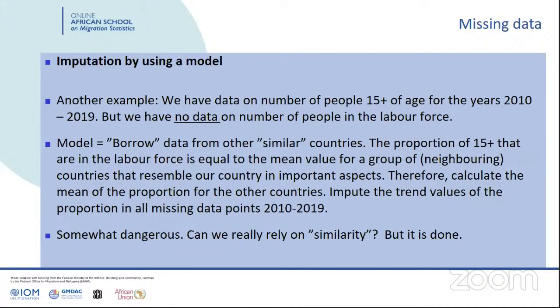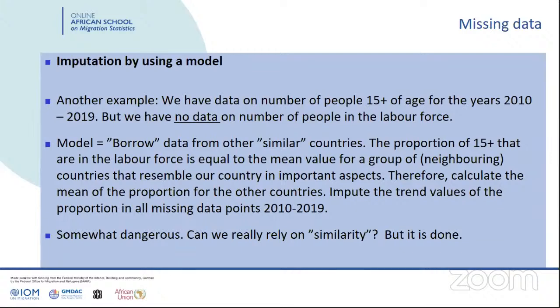So we can calculate the mean of the proportion for the other countries and impute those values of the proportion in all missing data points, 2010 to 2019.